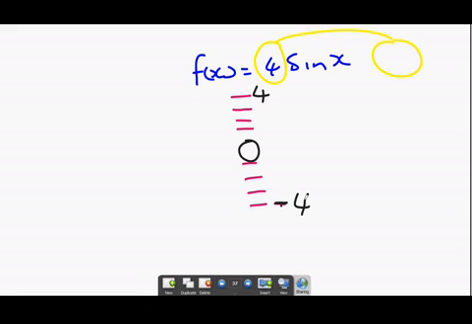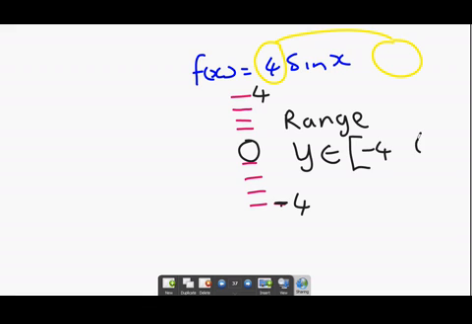So when I'm looking at my range, in this case, my range will be y, an element of square bracket, the lowest number is minus 4 to 4. And that's how we find our range from a function. Sometimes the function has got a number here, sometimes it doesn't. So I've looked at two situations where you've got numbers.